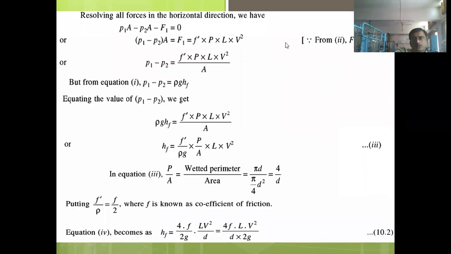Write out this final formula. You can write like this also: HF is equal to 4FLV square upon 2ZD.